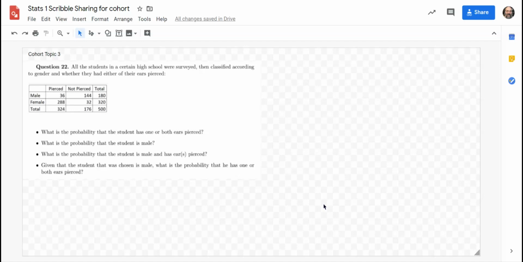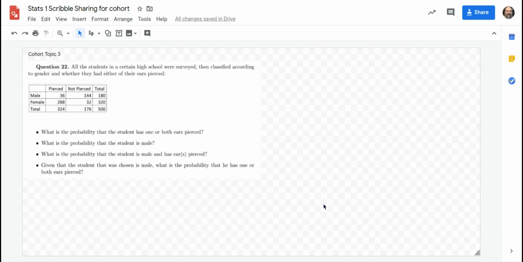Cohort topic 3, problem number 22 is an example of raw data being given in a table this time, and questions about probability being asked. And probability is simply the relative frequency, that is, the size of the event divided by the size of the sample space.